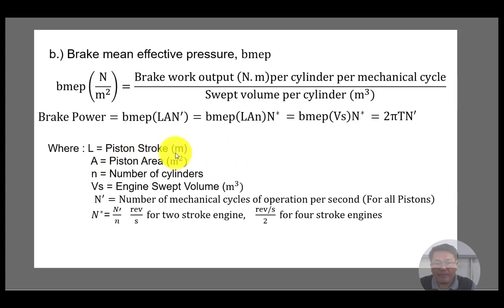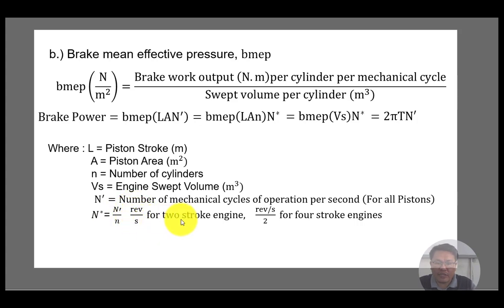Then we have A, the surface area of your piston in the internal combustion engine, and N, the number of mechanical cycles of operation per second for all the pistons. Take note that N with asterisk is equal to N prime divided by N, in units of revolution per second.